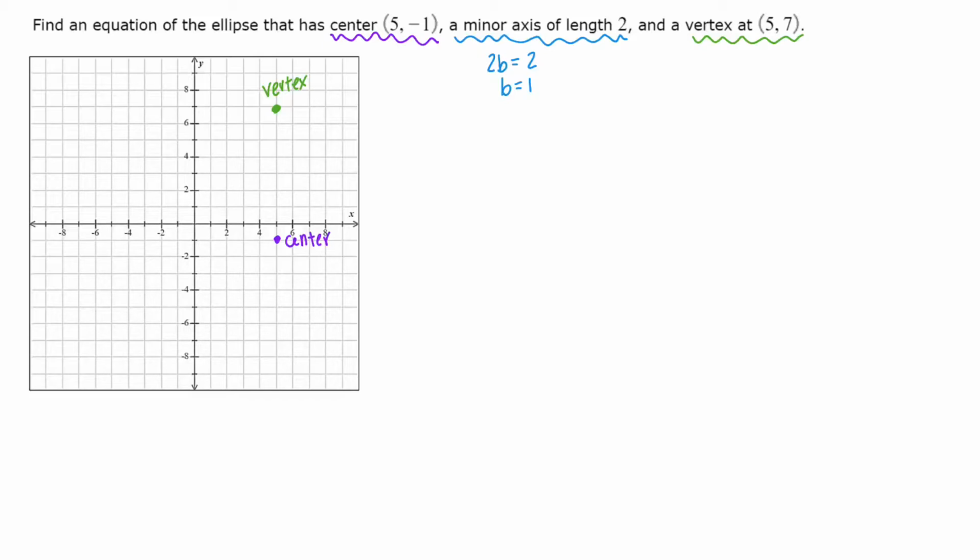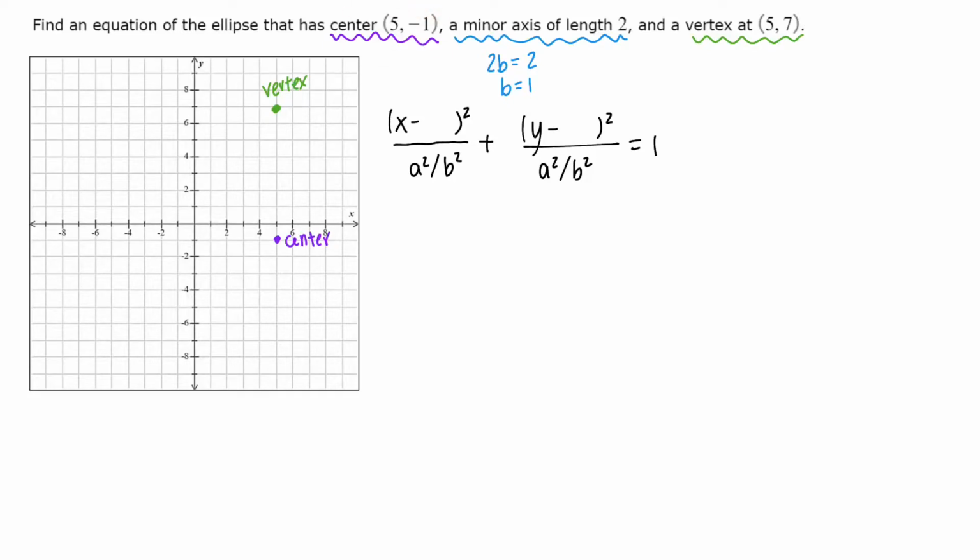This gives us a bunch of information, believe it or not. We're trying to figure out, so it should be x minus something quantity squared, a squared over b squared. We're not sure if it's a squared or b squared at this point. So our equation needs to look like this.